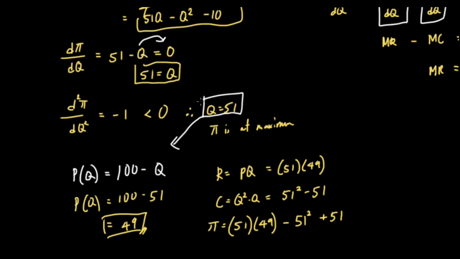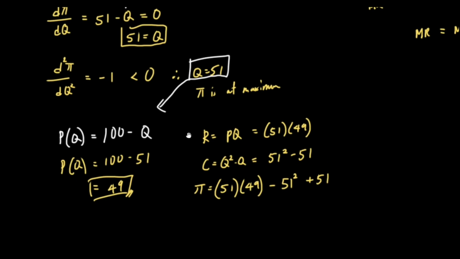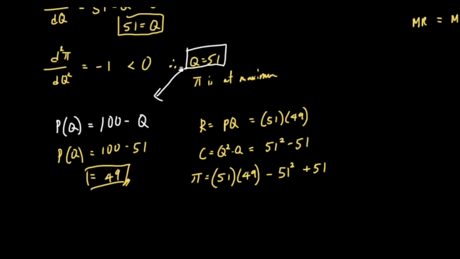If it's a maximum, then this is our profit maximizing quantity. We substitute that quantity into the inverse demand function, p of q, and find the optimal price that the monopolist has to charge.